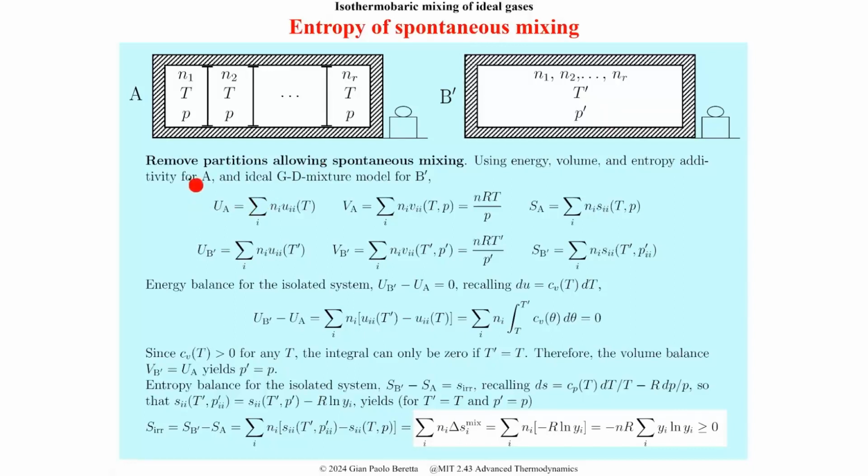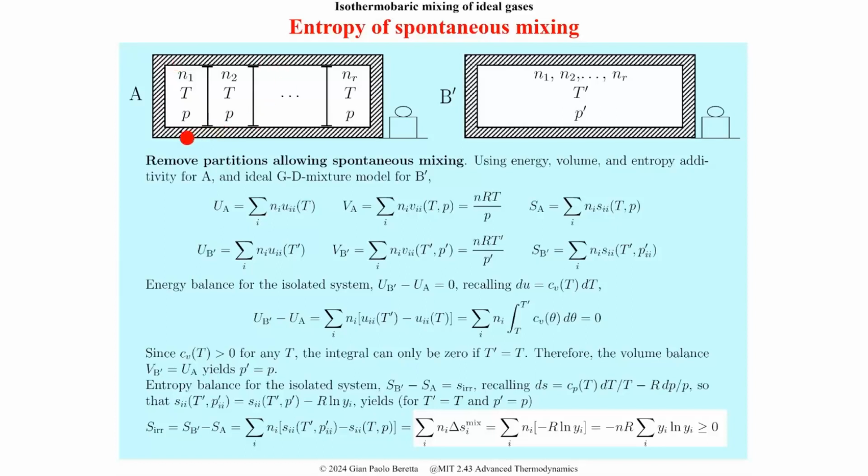For the initial state, things are easy because the components are separate. So this is just a composite of separate pure substances. We know how to compute properties of pure substances, and here in particular they are ideal gases, even simpler.